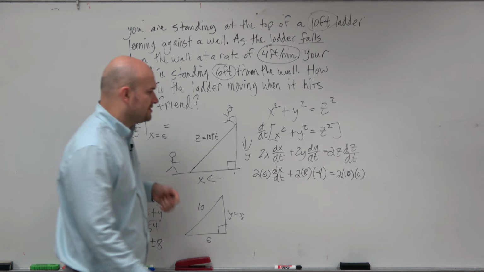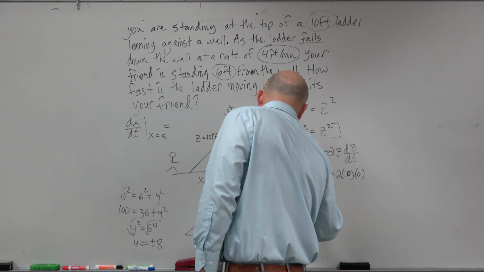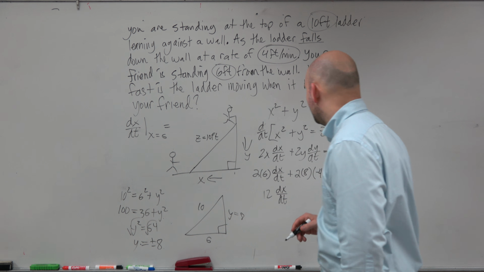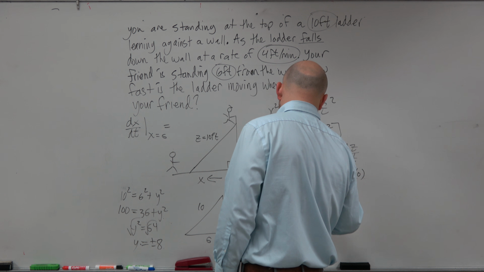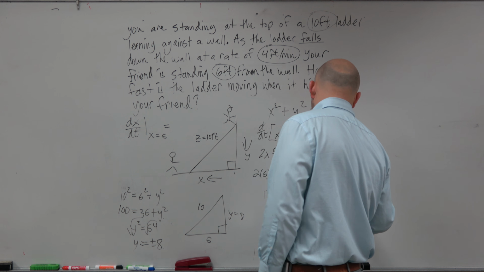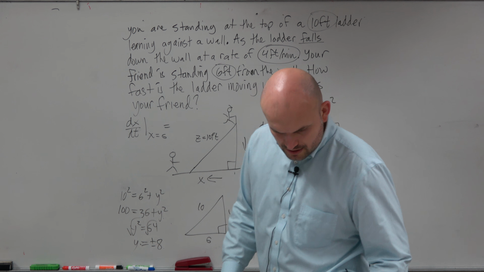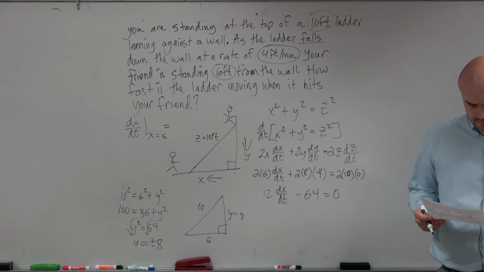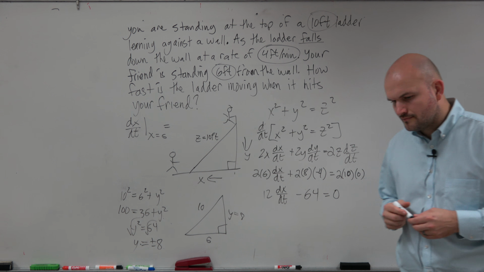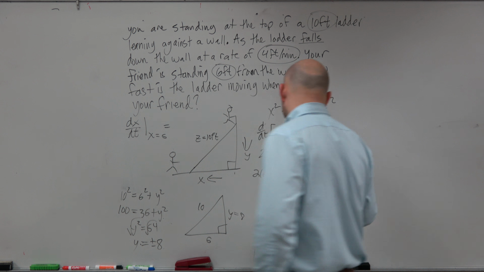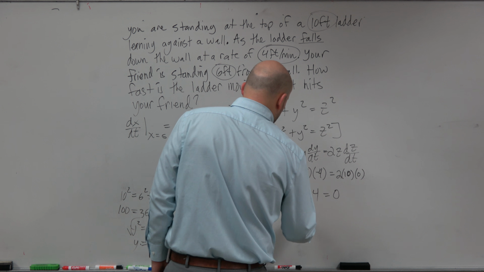All right, so then that equals 0. So therefore, we have 12 dx/dt, and therefore that's going to be -8, so that's going to be minus 64 equals 0. And then we'll just solve.